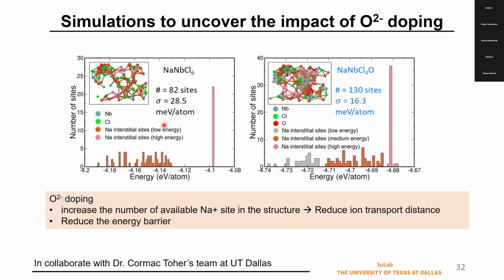And we did a machine learning-based DFT calculation to study the number of sites within the two structures and the energy difference among different sites. Compared to the baseline sodium niobium chloride, the oxygen-doped one has a higher number of sites for sodium ions and a smaller energy barrier for ion movement. So this is the reason for faster sodium ion transport.